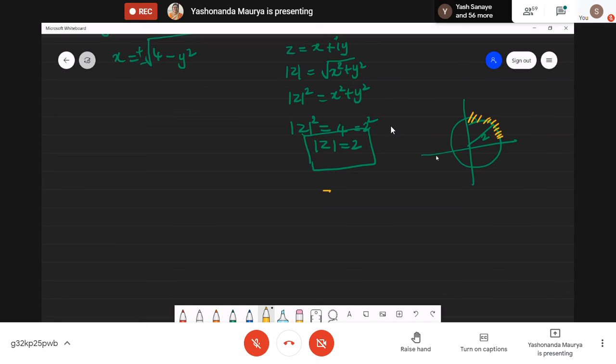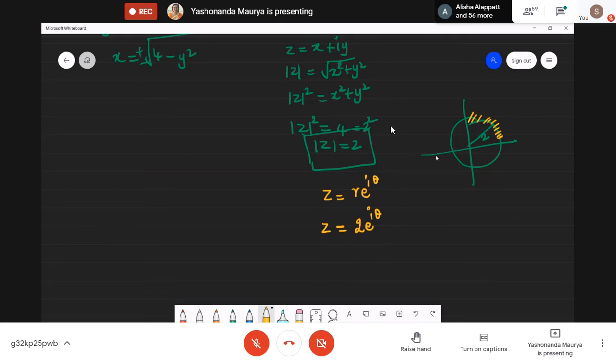You remember what is the polar form, or the exponential form, of a complex number? R e raised to i theta. Now over here, when I am representing only this specific circle, the R value is 2. So this z will be equal to 2 times e raised to i theta. And we want only this part of it in the first quadrant.